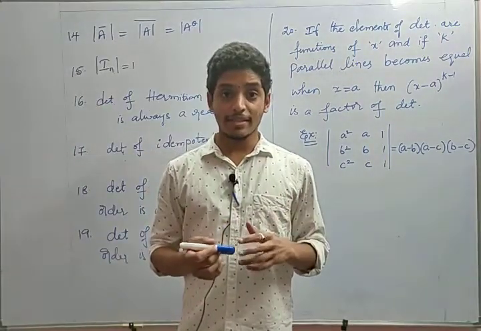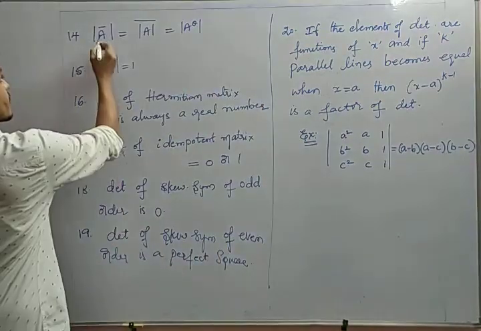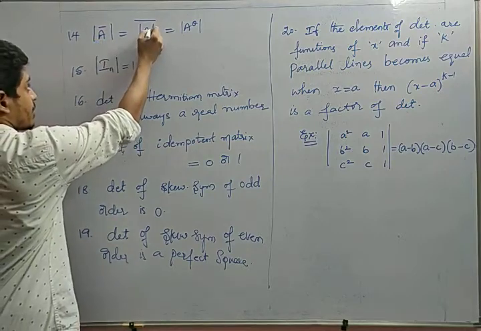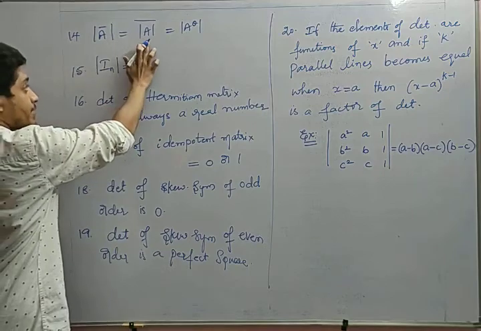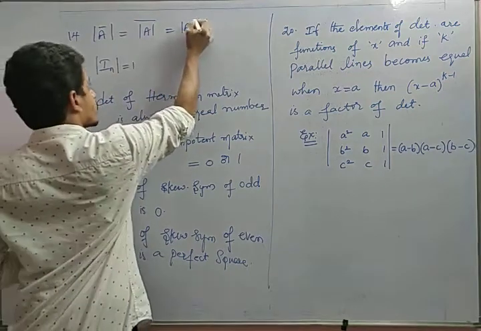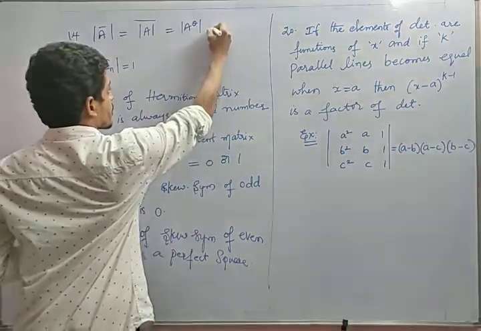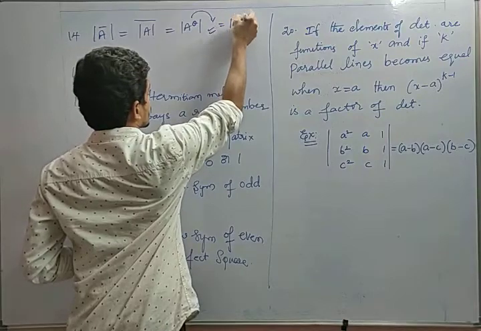Okay, now let us see another important property. Determinant of A conjugate, A bar, is equal to determinant A whole bar, or it is also equal to determinant of A theta. This is also a very important property. We know that A theta is nothing but A transpose whole bar.